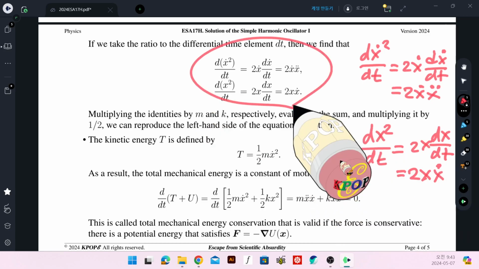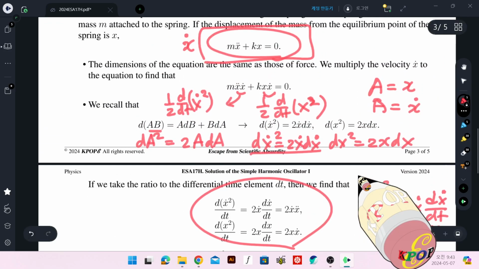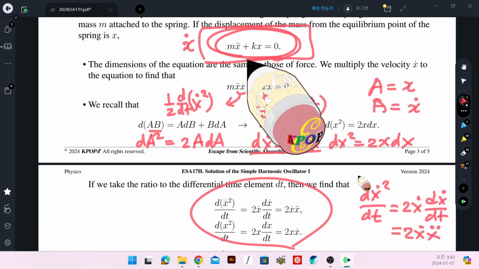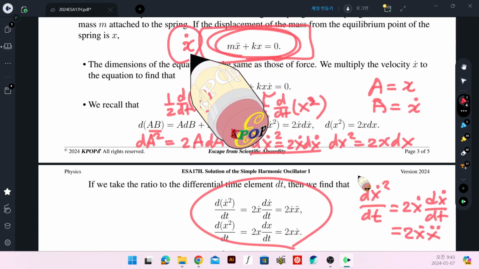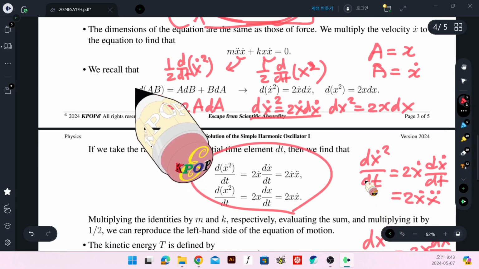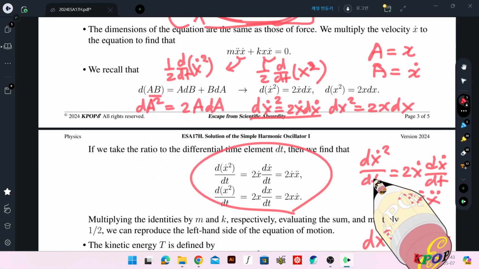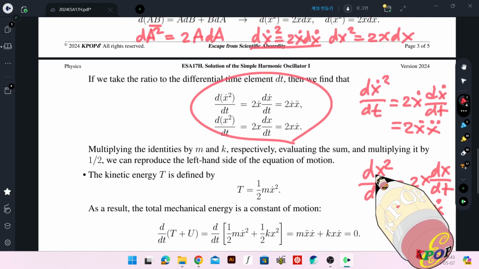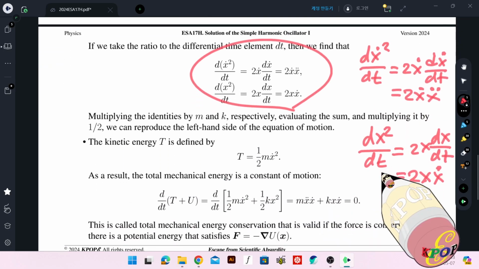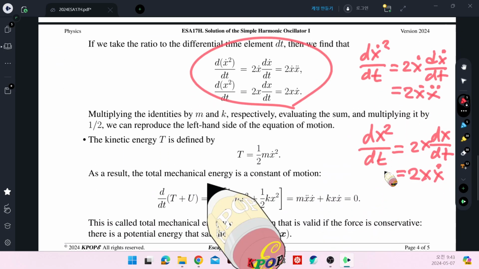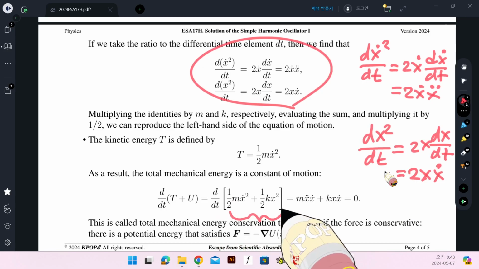All right. As a result, after multiplying the equation of motion by the velocity and applying the Leibniz product rule, we find that the equation of motion is equivalent to the time derivative of this sum being 0.